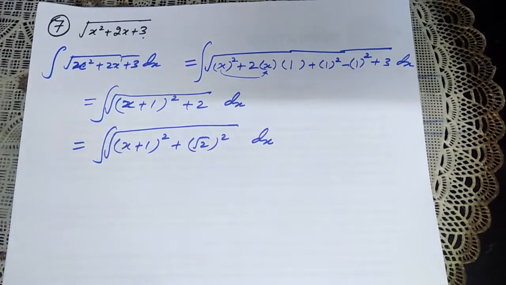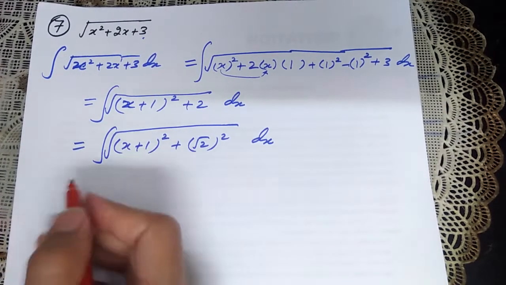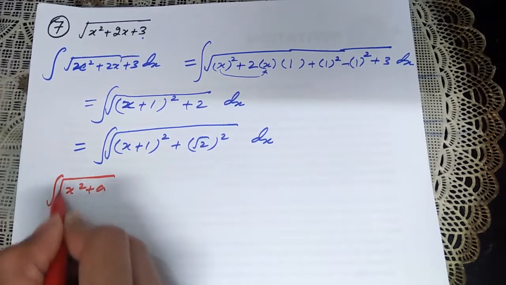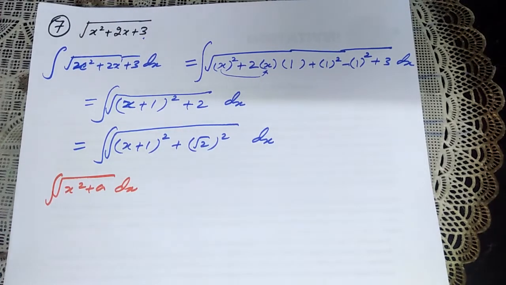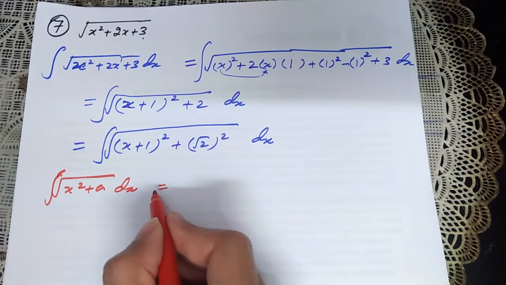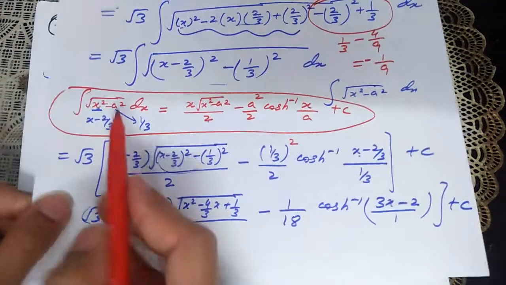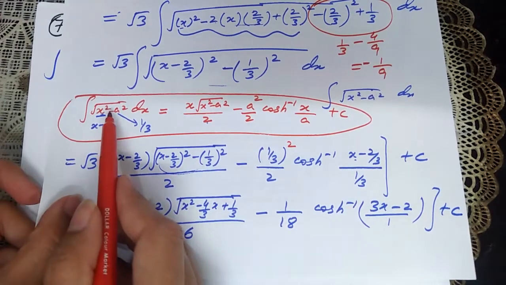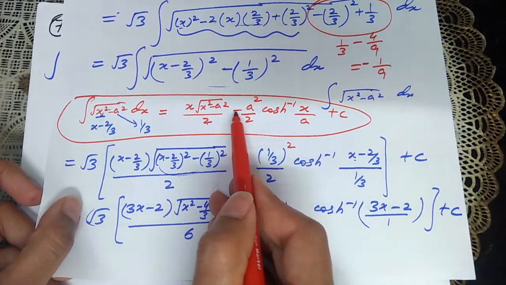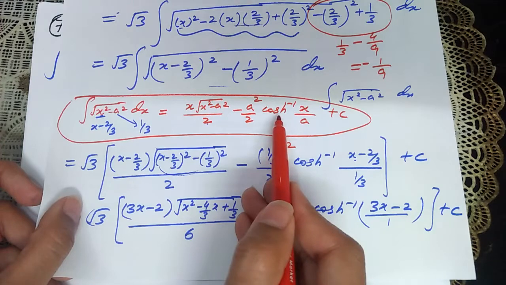like this. Now you get here some format of a formula, and that is integration of under root x square plus a square dx. You know that the integration of under root x square plus a square dx equals, that was the same formula as we used in question number 6, but that was having the negative sign. Due to the negative sign, you were having the negative here, and also you were having the cos hyperbolic inverse.